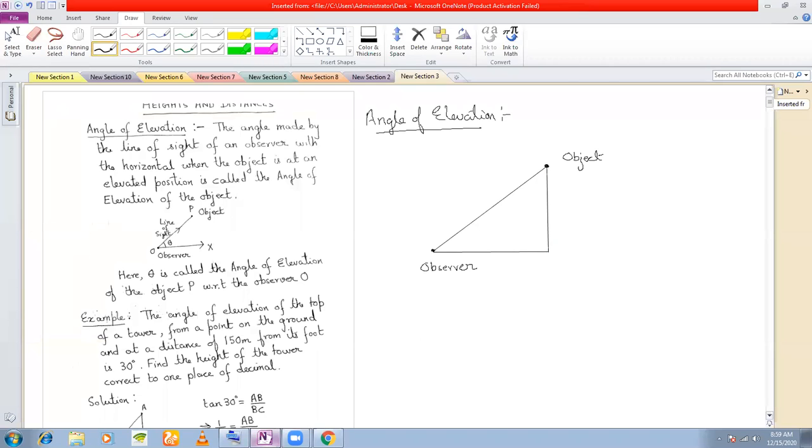Therefore, the angle of elevation is defined as the angle made, this is a line of sight, and say this is the horizontal, is the angle made by the line of sight of the observer with the horizontal when the object is at an elevated position.